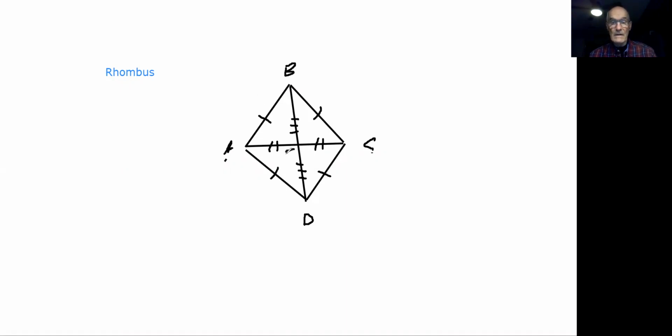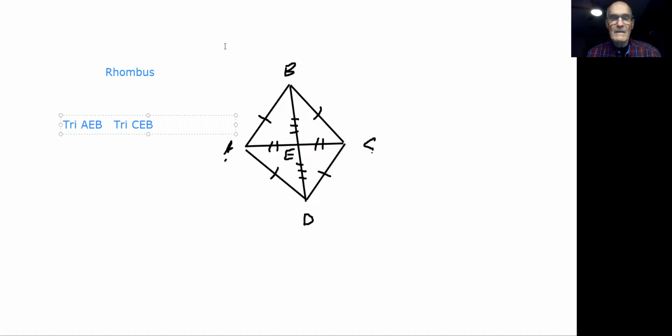Right here in the middle, this is going to be E. Now, if I look at the top half of this rhombus, we talk about the properties that a rhombus has. I have triangle AEB and triangle CEB.